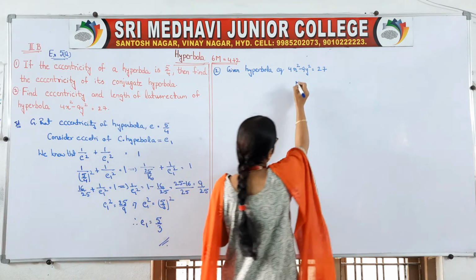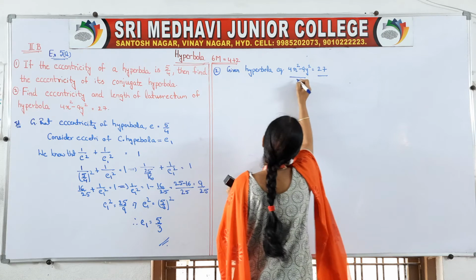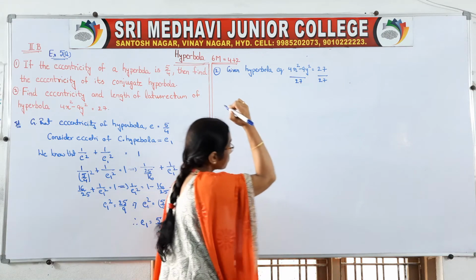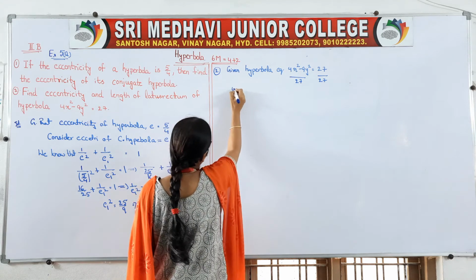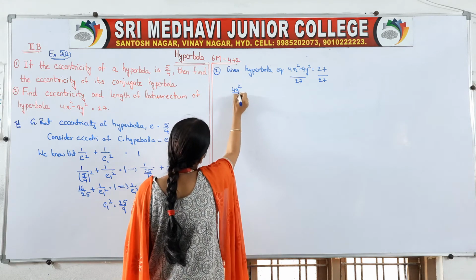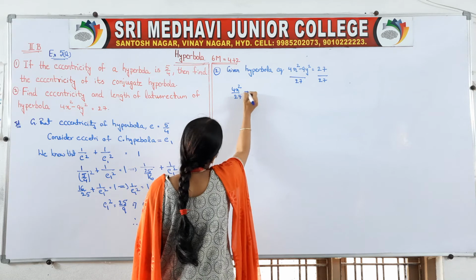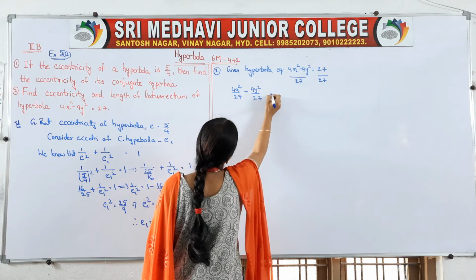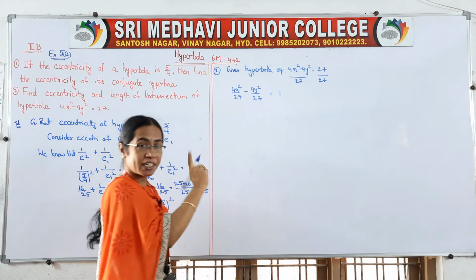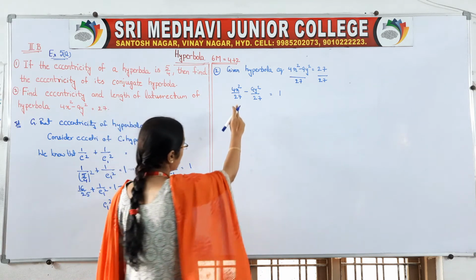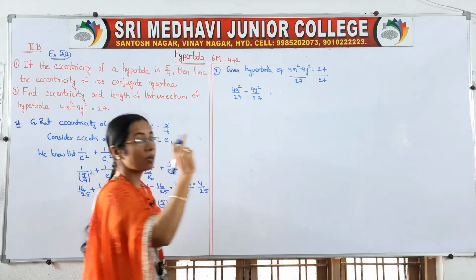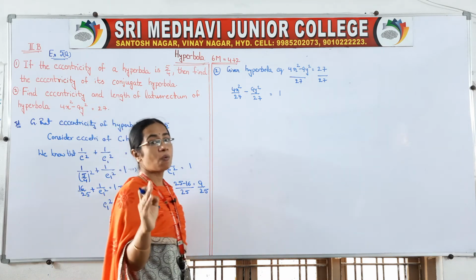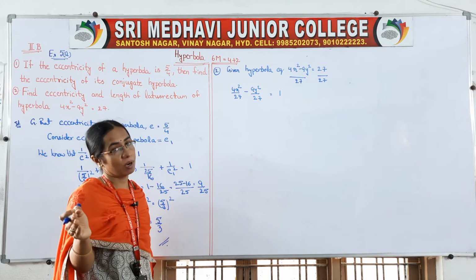So dividing both sides by 27, we get 4x square by 27 minus 9y square by 27 is equal to 1. Right side is okay. Now observe, what is our standard form? x square by a square minus y square by b square is equal to 1 is our standard form.